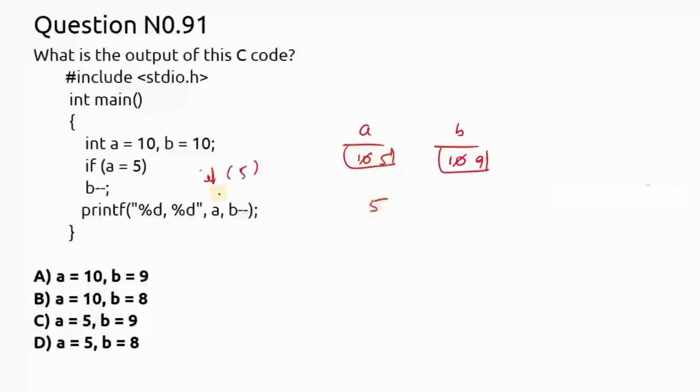And the b value is 9 right now. Anyway, b minus minus is over. Now 9 will be printed. Anyway, it is post decrement. That's why 9 will be printed, then it will decrement, so the b value 9 will be printed. After that it will become 8. So what is the output it will print? That is 5 comma 9. So answer C is the correct answer.